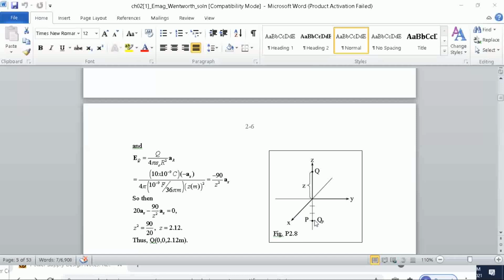QP, and you want 0 here. So the only way of canceling this out is to have a charge along the Z axis here, along that direction.